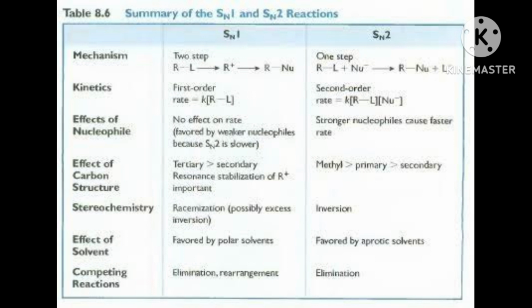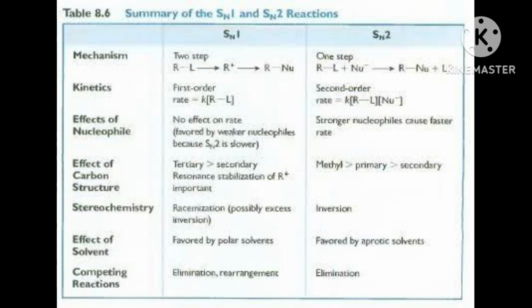This I am comparing for SN1 and SN2. Both reactions I will compare. For SN2 reaction, tertiary will be least, then secondary will be more, and primary halide will be highest. Correct?